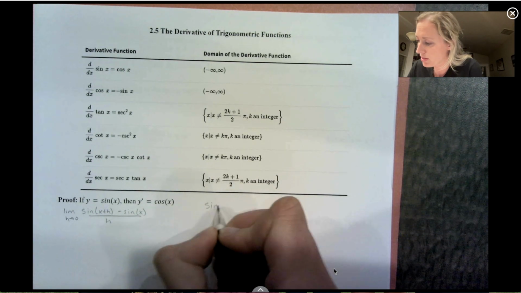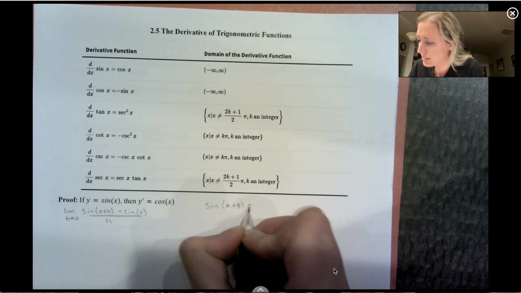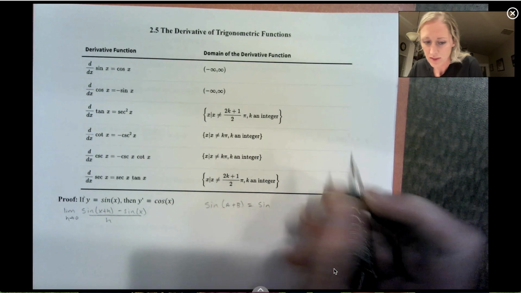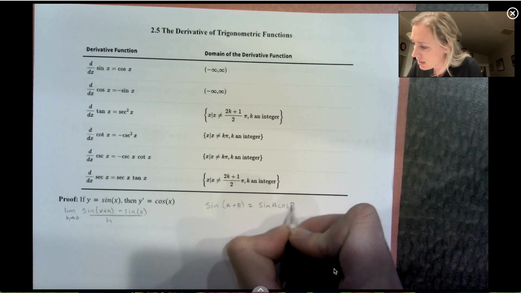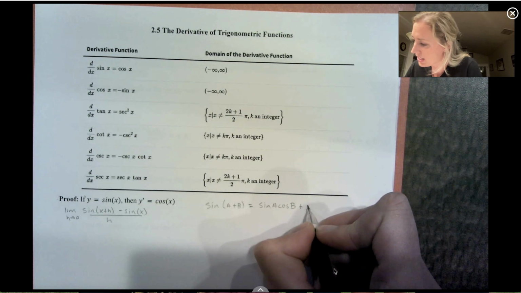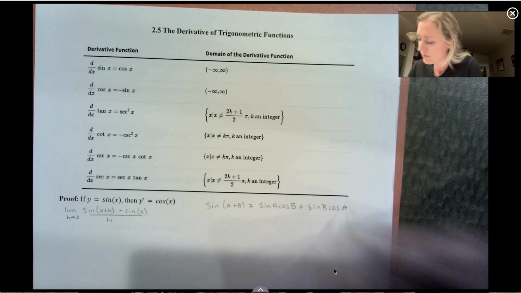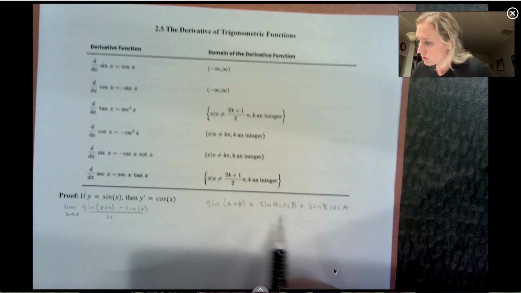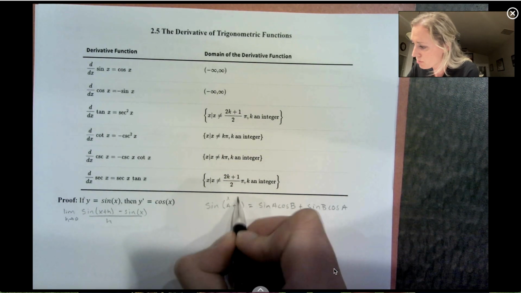So remember this, sine of a plus b is the same as sine of a cosine b plus sine of b cosine of a. Okay, so we're going to treat x as the a and h as the b here.